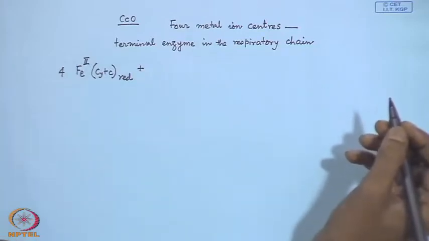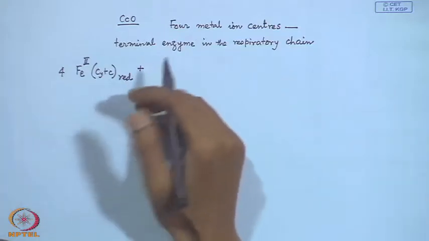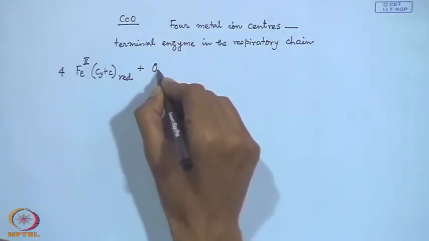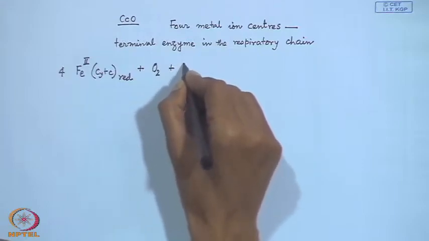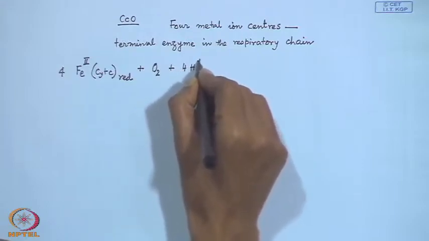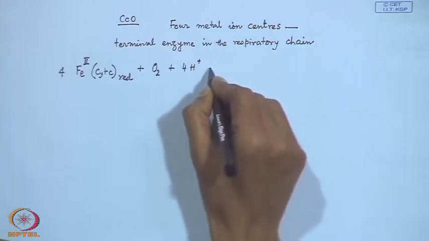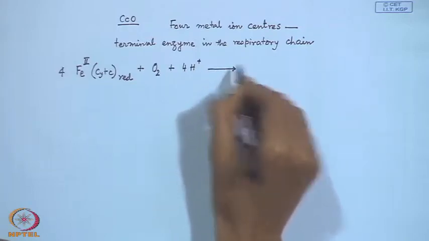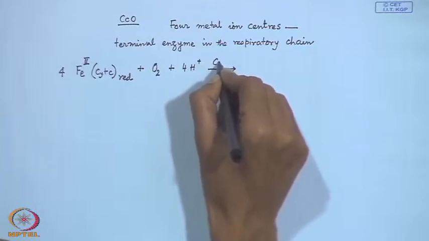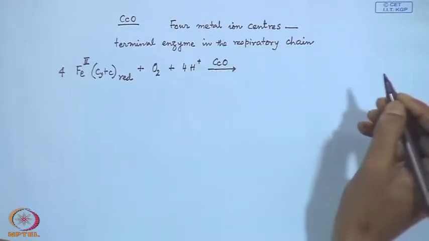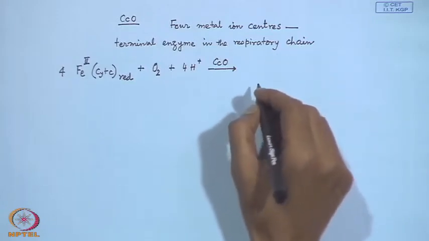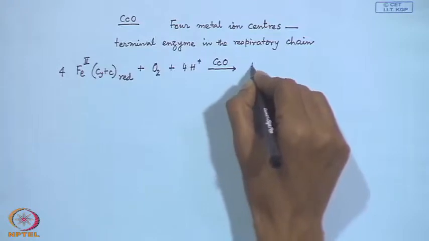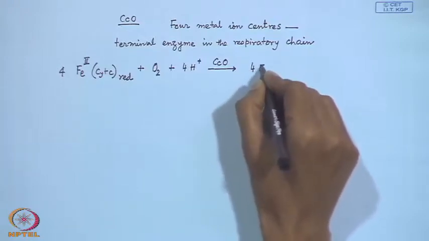On the left hand side, you have the reduced cytochrome C, which ultimately delivers electrons to our dioxygen molecule along with the consumption of 4 hydrogen ions.